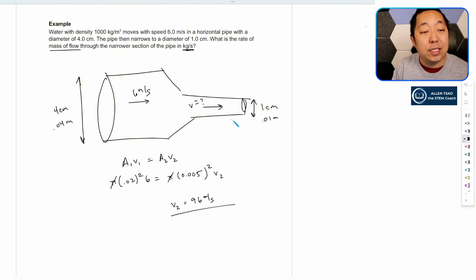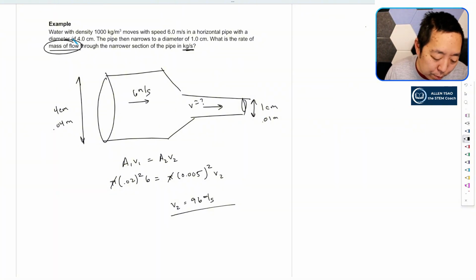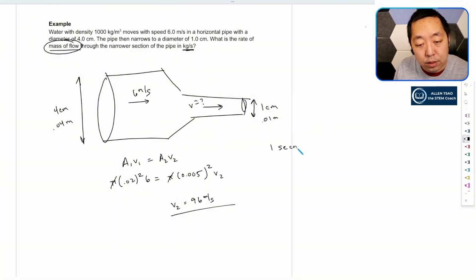Now, they're asking about what is the rate of mass flow. If you ever get something with a weird unit, this is how I like to think about it. Okay, what does that mean? How much water comes out in 1 second? In 1 second, how much water is going to come out? Well, 96 meters of water will come out.